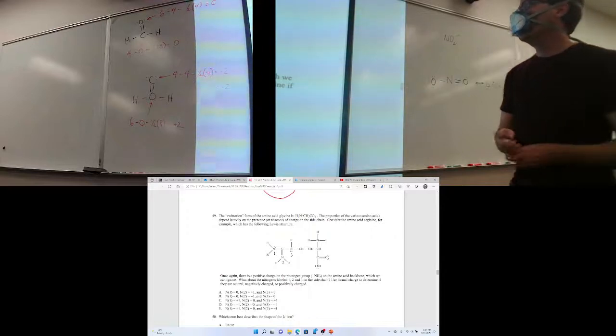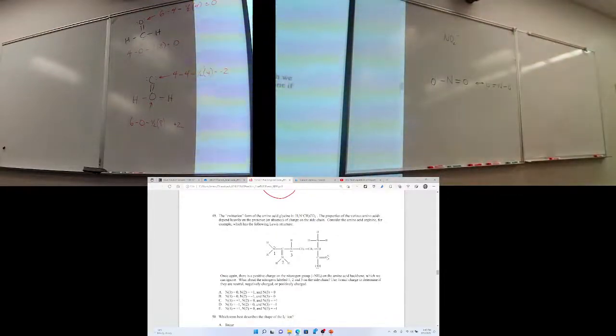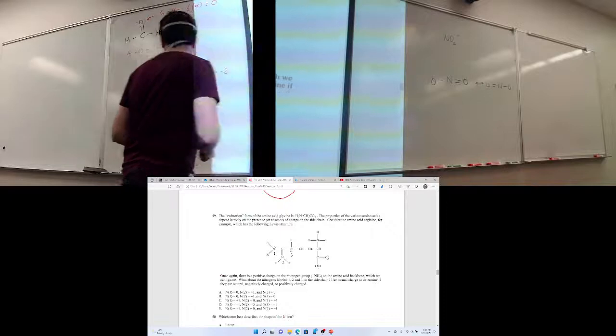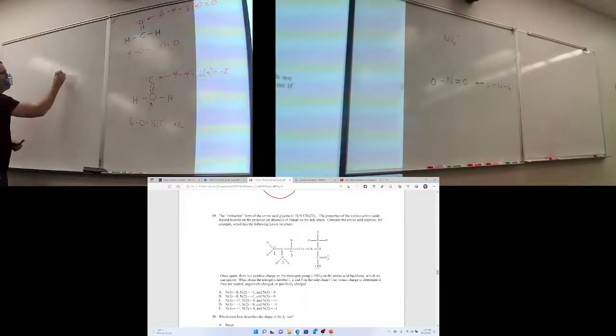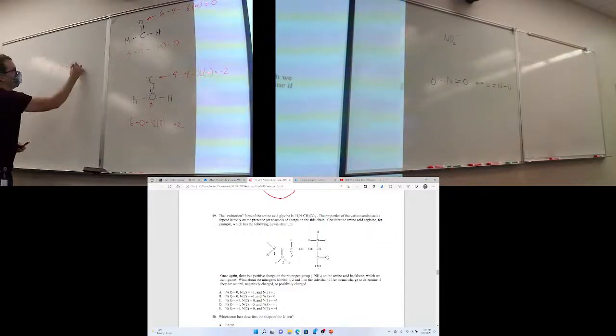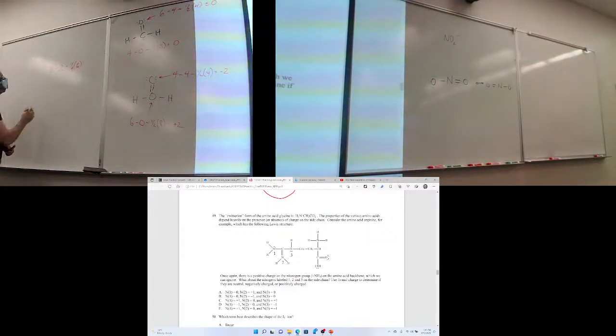So, this nitrogen here, we do the calculation. This is nitrogen 1: 5 valence electrons minus 2 lone pair electrons minus half the number of bonding electrons, so 6, gives 0.